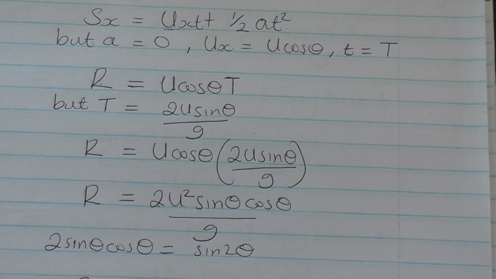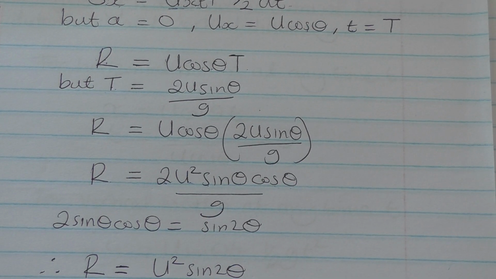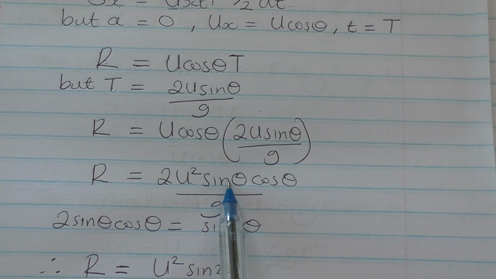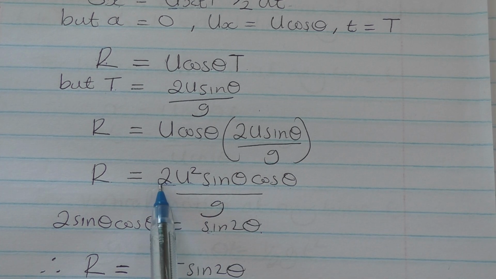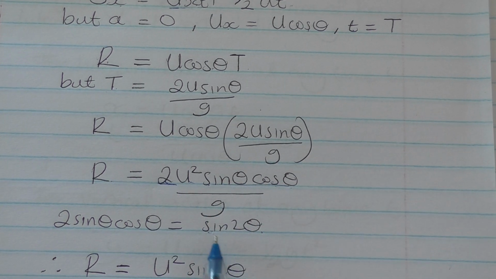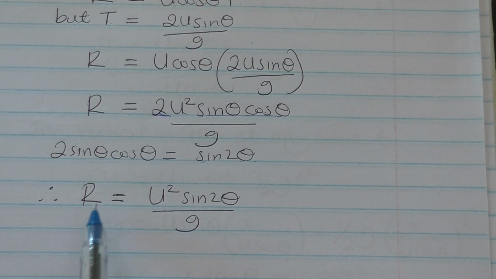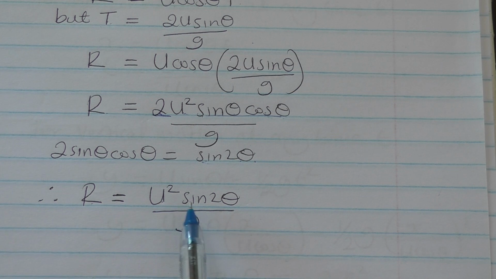But from our trigonometric identities in mathematics paper 1, 2 sine theta cos theta is the same as sine 2 theta. So I will replace this with sine 2 theta, which gives me range as R equaling u squared sine 2 theta over g as the final expression for range.